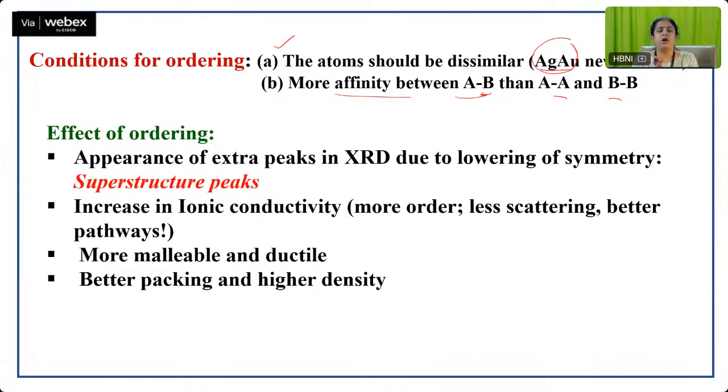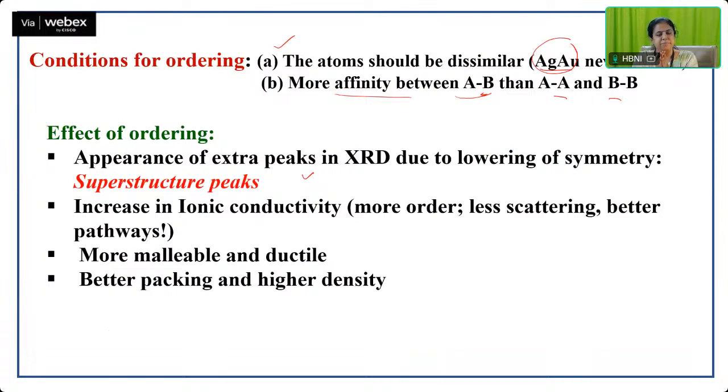But what are the effects of ordering? How would you know? You had a powder, you simply heated it and cooled it, and you recorded. How would you know whether the ordering or disordering has happened? When you get ordering, the symmetry decreases. Dr. Kanu Barik will take XRD for you, and some of you might have studied it also. When you have higher symmetry, that is BCC lattice, FCC lattice, or side-centered lattice, the number of peaks in the XRD pattern is lesser than for the primitive lattice.